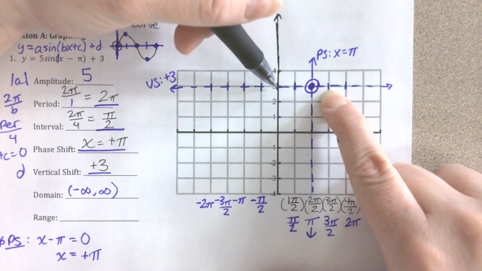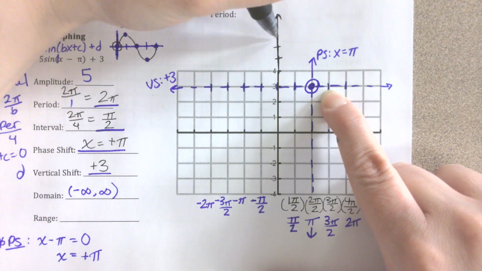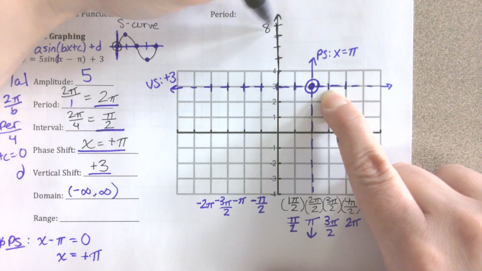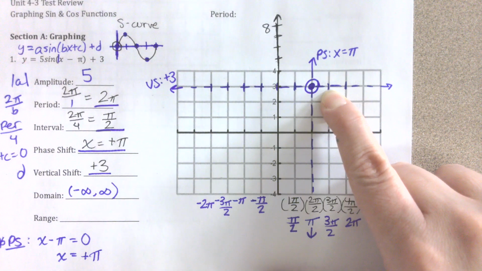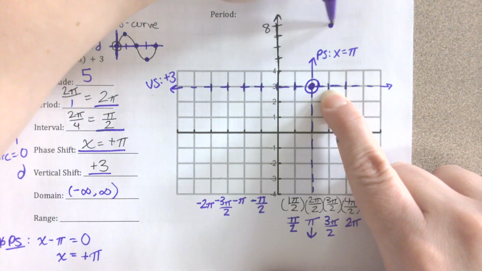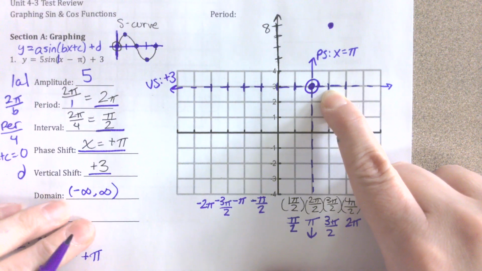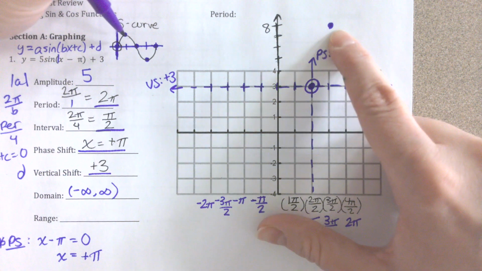So I'm at 3, I need to go up 5 more. So I need to go up to 8. 5, 6, 7, 8. Yes. So this is my max number. Okay. So that was the first interval to the right is the maximum.